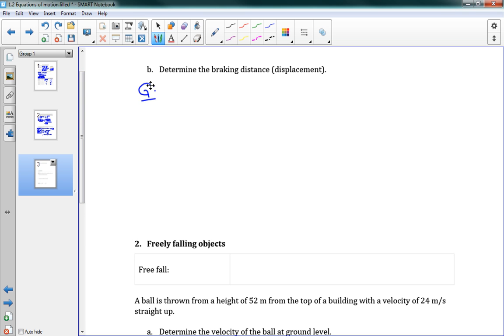So given VI equals 30.0. Negative 5.0 meters per second squared forwards. Required. This time we want to find displacement.